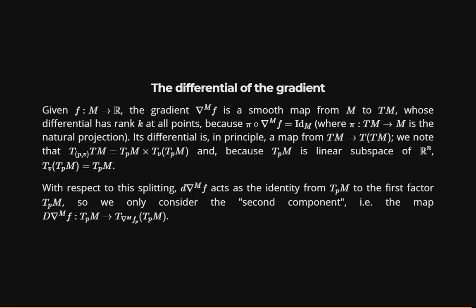So the differential of the gradient acts as the identity on the first factor, and it has a second component which I denote by this notation.